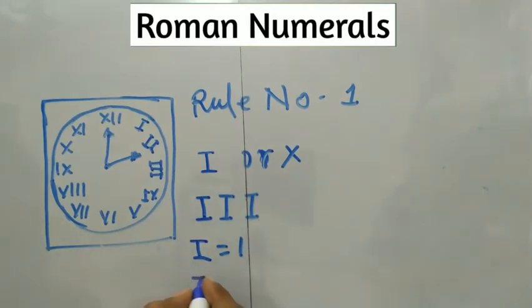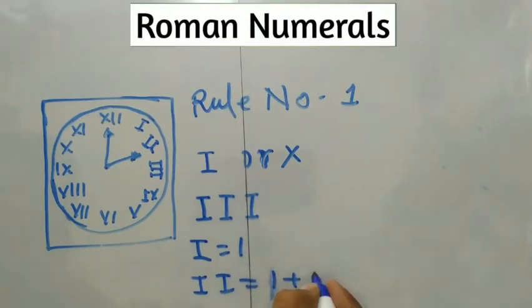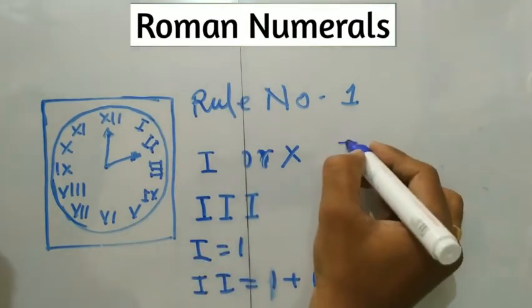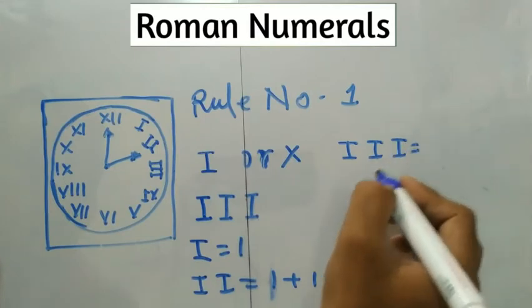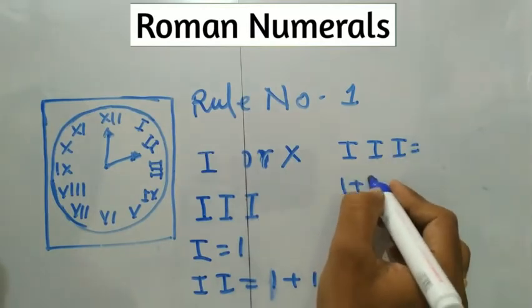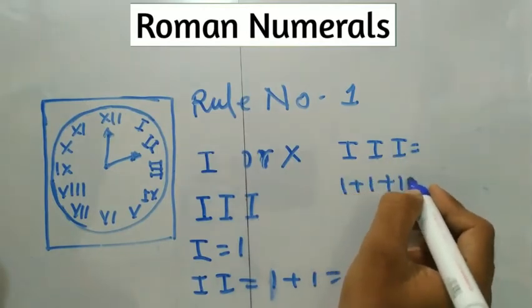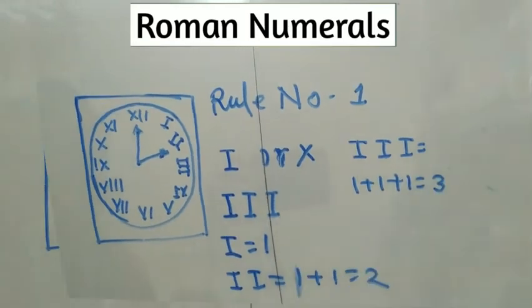If we write I 2 times, its value becomes 1 plus 1 is equal to 2, and if we write I 3 times consecutively, its value becomes 1 plus 1 plus 1 is equal to 3.